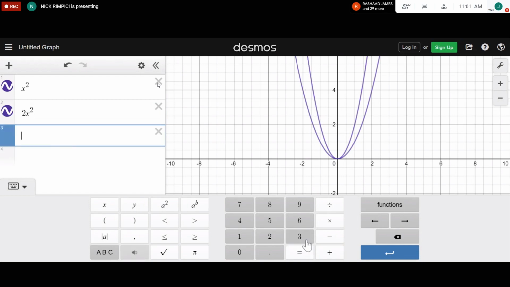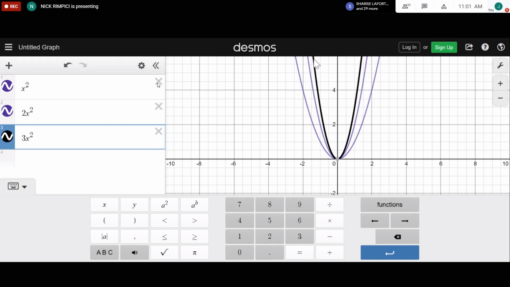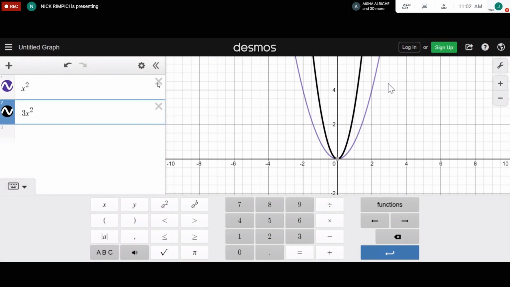If I put 3x squared in, this black function, this new one, is even more narrow and taller. It's vertically stretched even further compared to the parent function, which is the purpley color. Let me get rid of this because it looks the same. So the purpley color one's the parent.